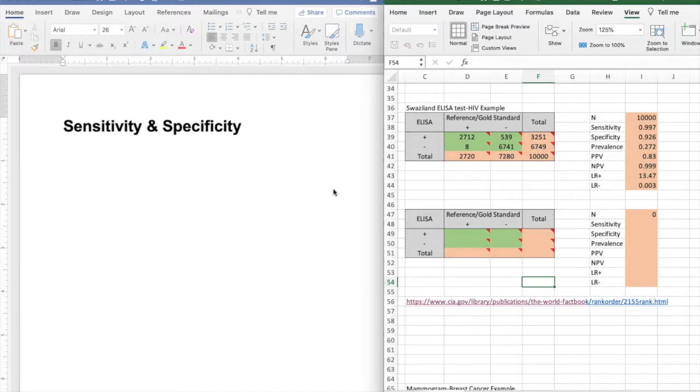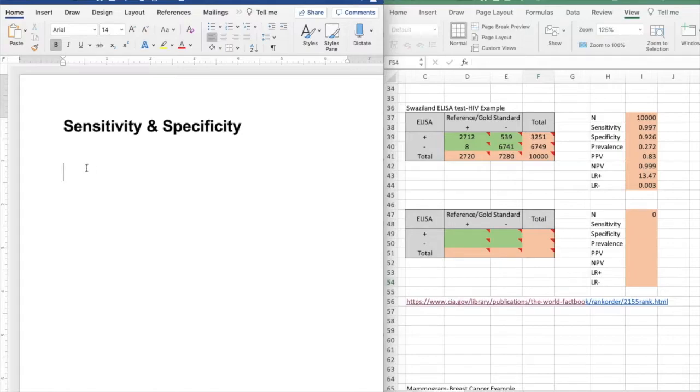So the sensitivity of the ELISA test is 0.997. What does that mean? What does sensitivity mean? Well, sensitivity is the probability of a positive test, and we'll say test positive, given, that's what that straight up and down line means, given that they have the disease.